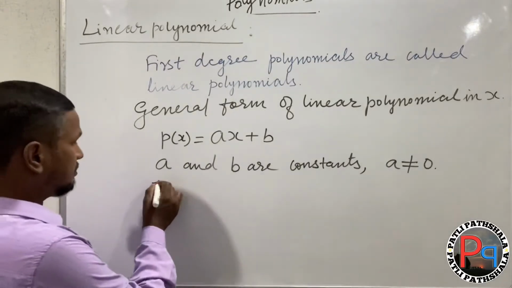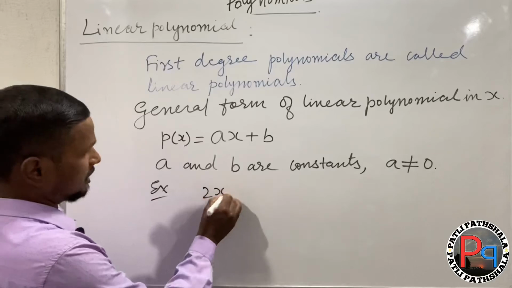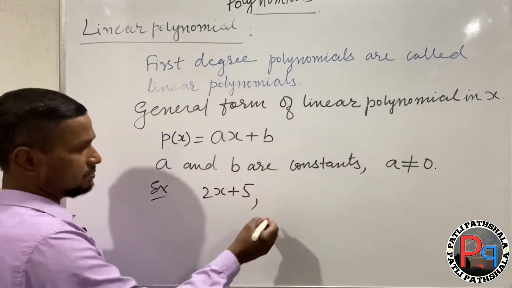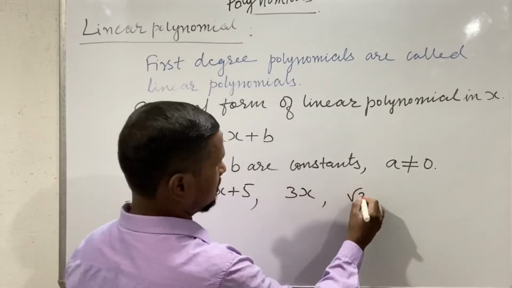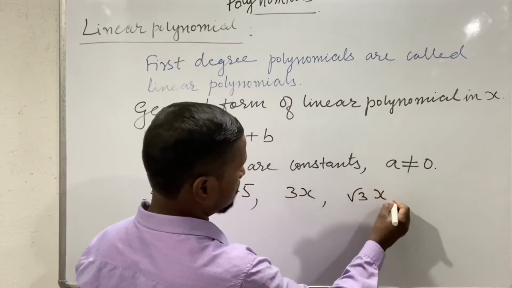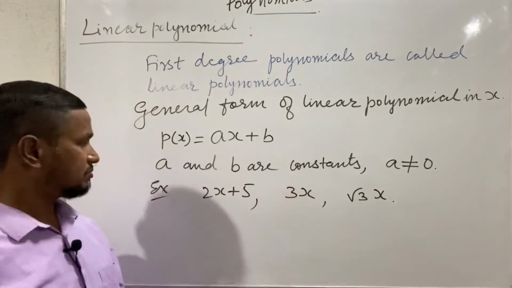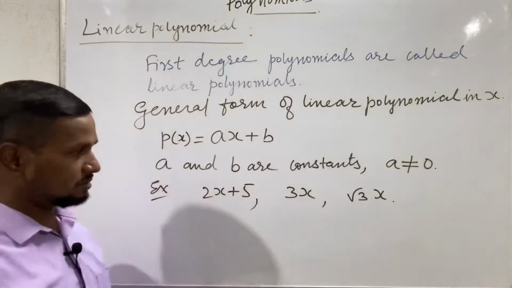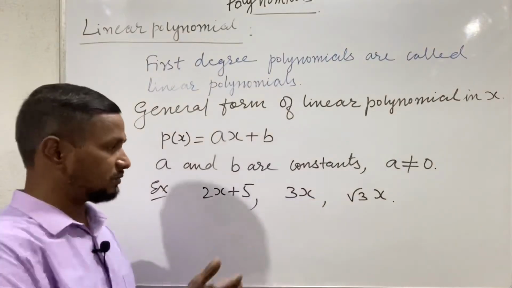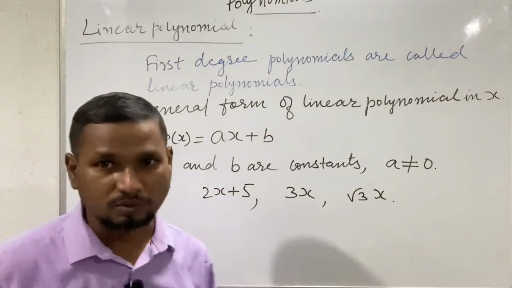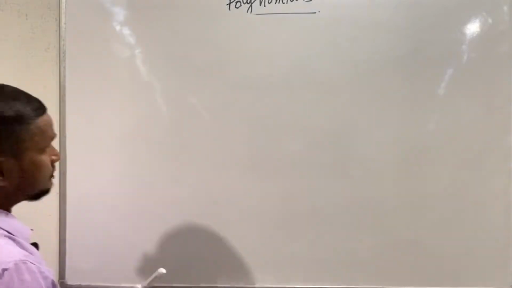For example, 2x plus 5, 3x, root 3 x, all these are linear polynomials, because the maximum power of variable is 1.